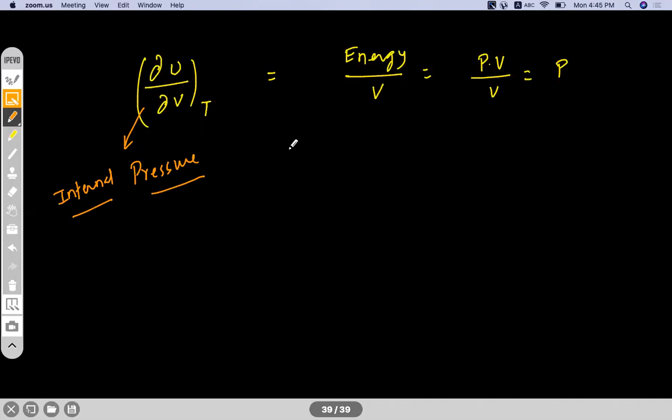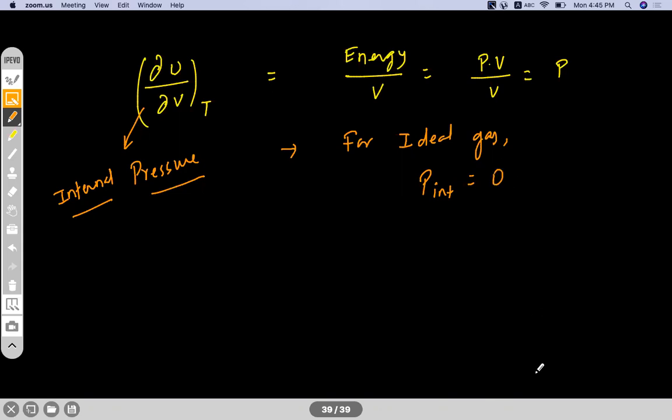Now, while taking one condition here, what is that condition? The condition is for ideal gas. Could you tell me what is the internal pressure for ideal gas? Internal pressure is zero.